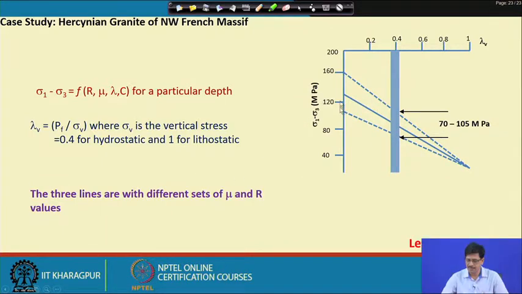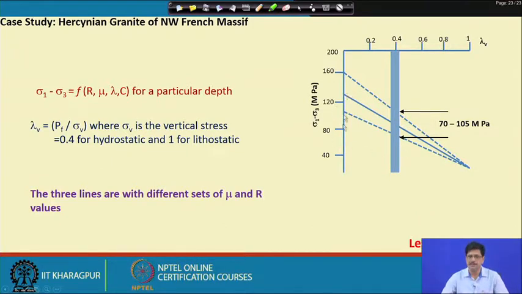Then some range in sigma 1 minus sigma 3 could be constrained from the value of R and mu, the friction and the stress ratio that is calculated. So, if one considers lambda v to be around 0.4, it gives an idea that the value could be between 70 to 105 megapascal, as indicated by this arrow here, which could have been the effective stress that acted in the process of deformation.